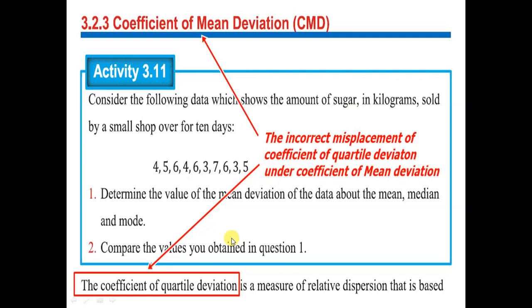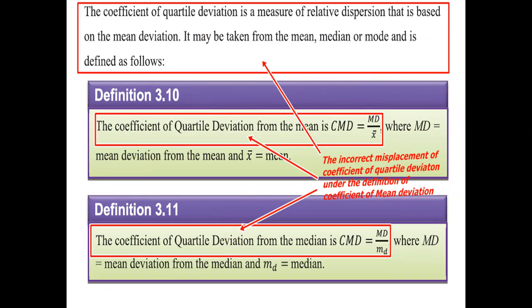And next again, here there are 2 definitions under the same title. Definition 3.1. Here it says the coefficient of quartile deviation from the mean. Instead of writing the coefficient of quartile deviation, we have to replace this one.